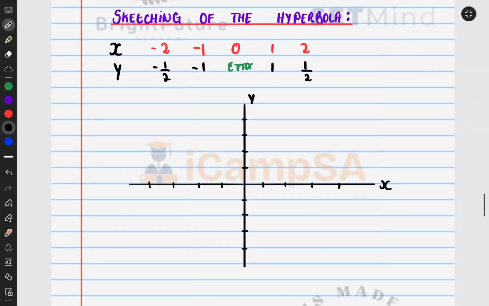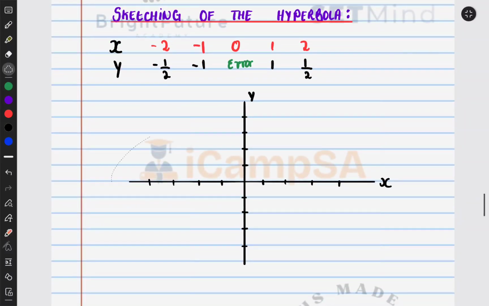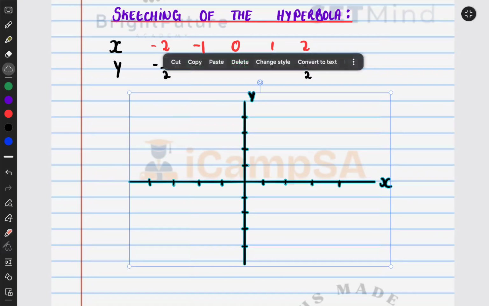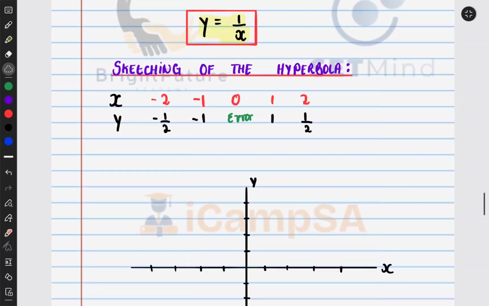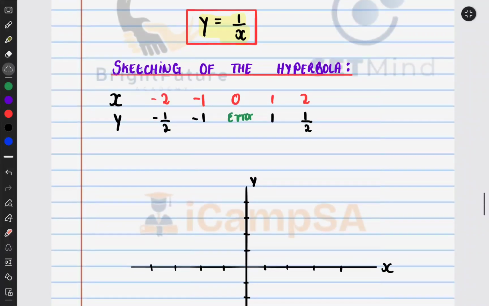Okay, but before we even get to sketching, let's also do something interesting and see what happens. At some point our function will have to... let's just assume and try to see what happens when y is equal to 0.